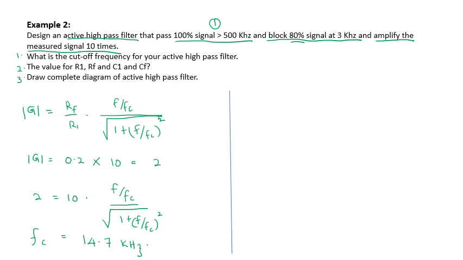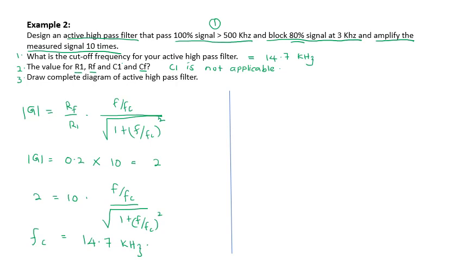The value here is equivalent to 14.7 kilohertz, and we only have R1, RF and C1; CF is not applicable because this is a high pass filter. So we're just going to calculate for R1, RF and C1.